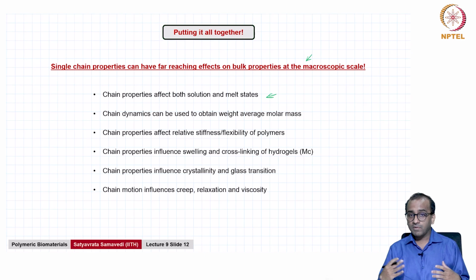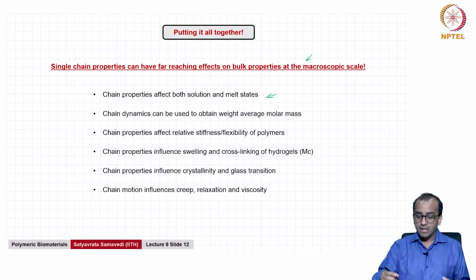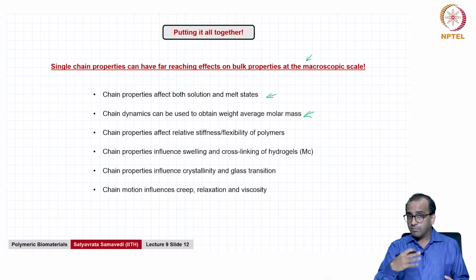And later on, when we look at solvent effects, we will talk about something called an expansion factor that can quantify this in relation to the ideal chain itself. So, that becomes important for how polymers behave in solutions and in the melt, and that can in turn have consequences for processability, for example.